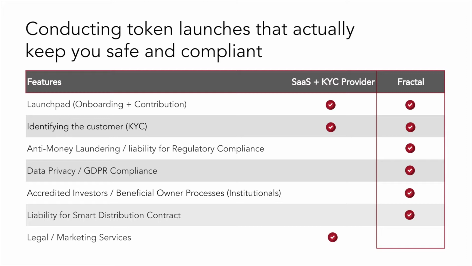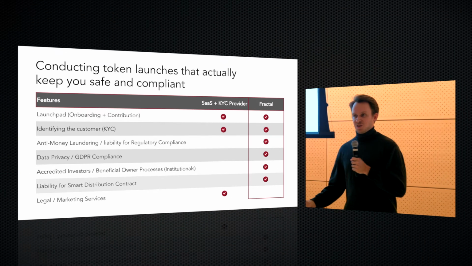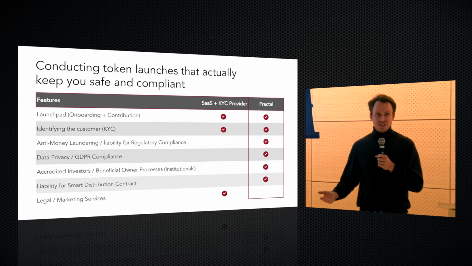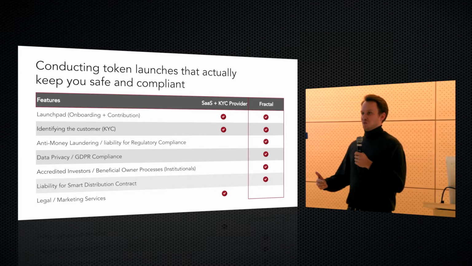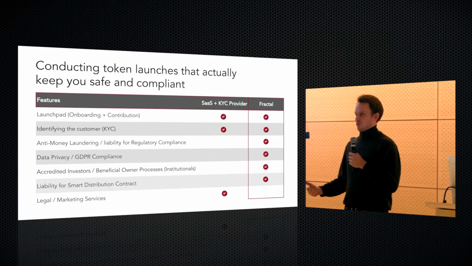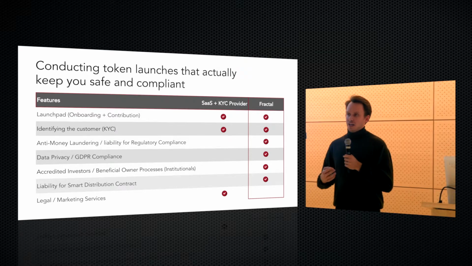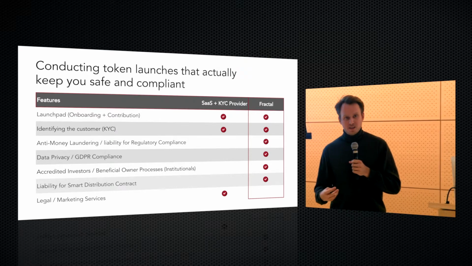But there are two things that they don't do, which are pretty important. The first is checking if this person is allowed to invest. So if this person is on some terrorist watch list, you should not let this person invest into your ICO. Actually, most providers don't check that.